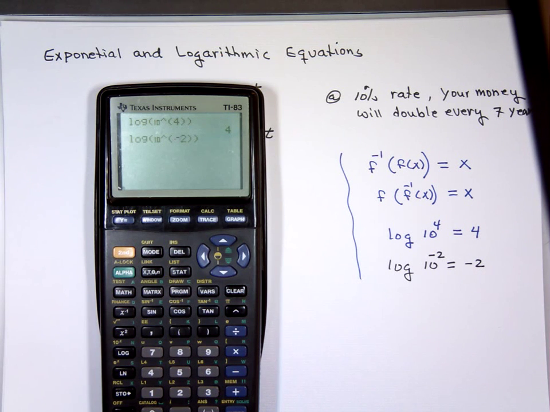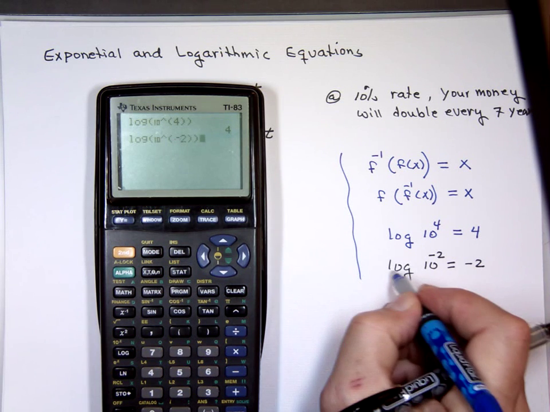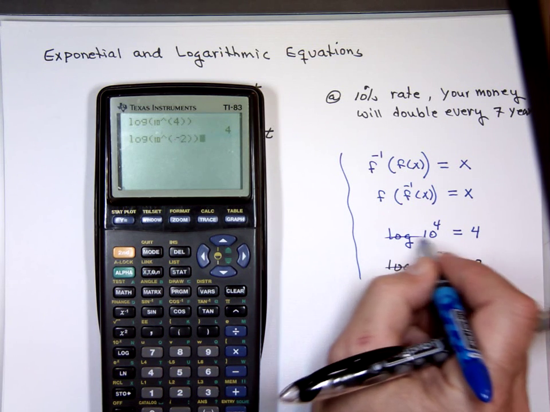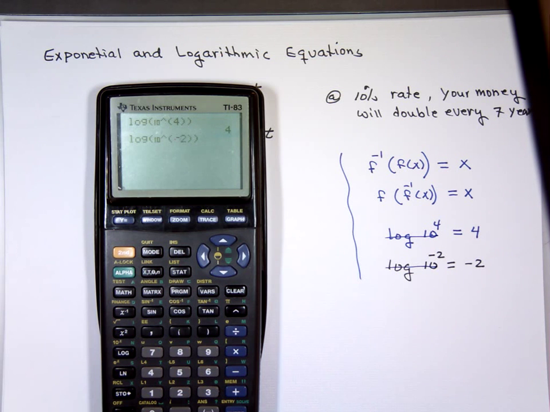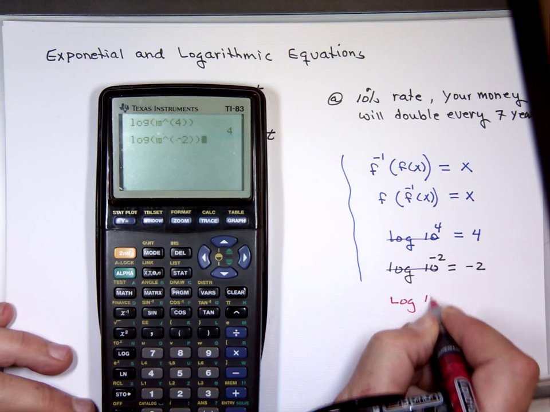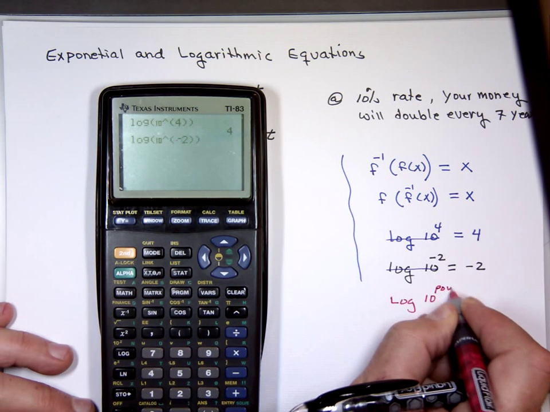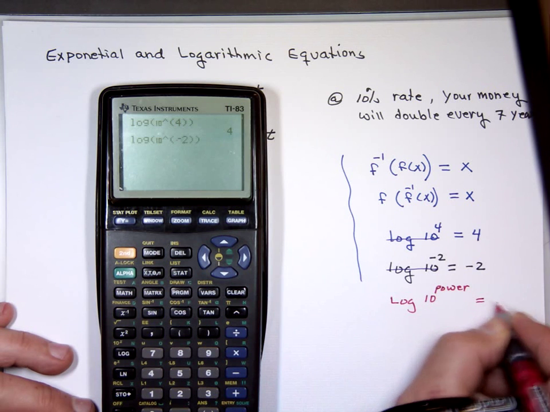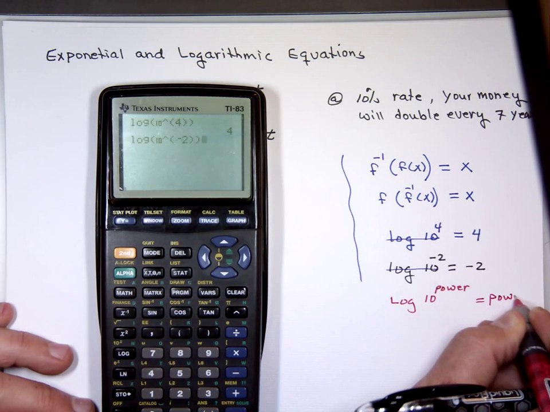Because 10 to the power and the log are the inverse of each other. They will cancel each other out, and you end up with the power. So as a rule, the log of 10 to any power is always going to be the power. Always.